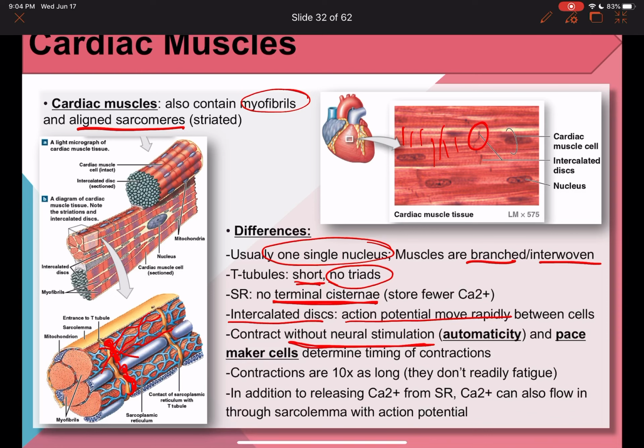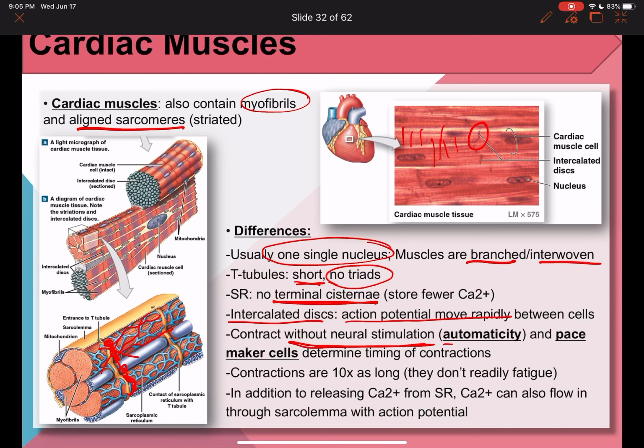If every heartbeat required your brain to do something, then your brain would not have any other capacity to do other stuff for you: the thinking, the critical thinking, the decision making, all that stuff your brain has to do. So something that we have to do all the time, every second, even every millisecond, does not require neurostimulation.